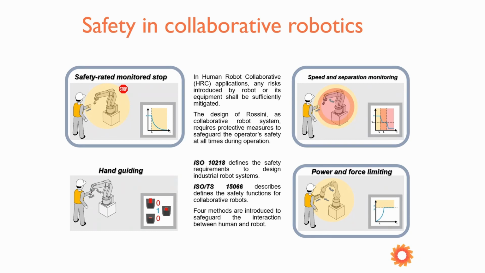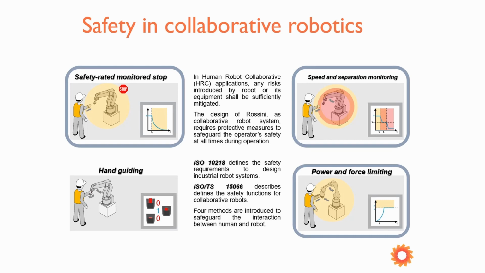A more advanced modality is the speed and separation monitoring. That is the one that we can use to change the robot speed according to the distance between the human and the robot, to ensure that a collision will never happen between the human and the robot, because we have time to stop the robot in time.